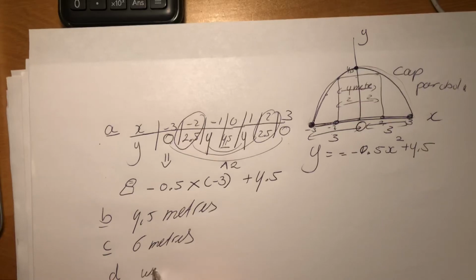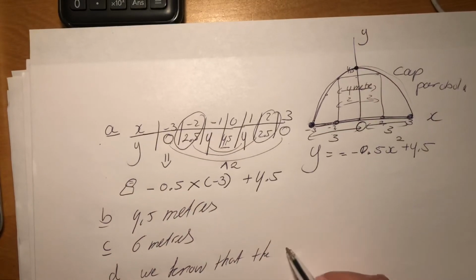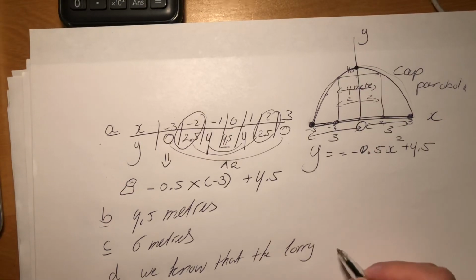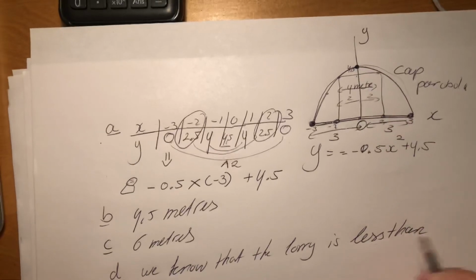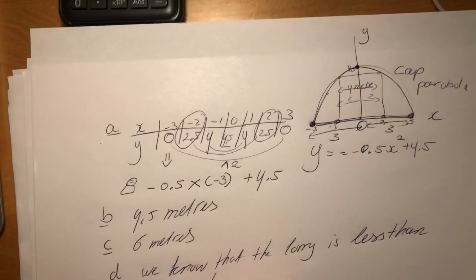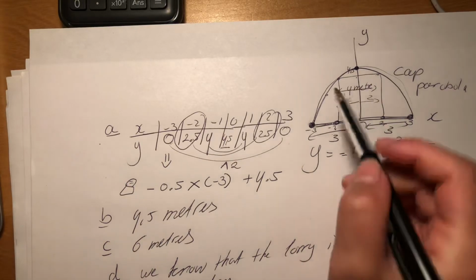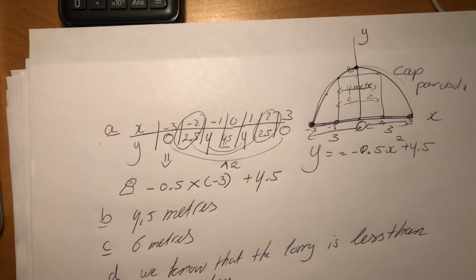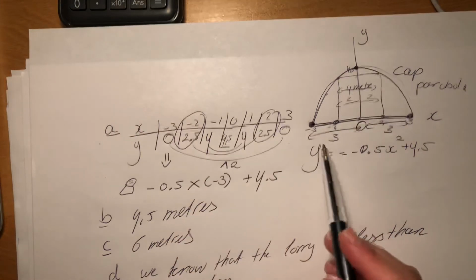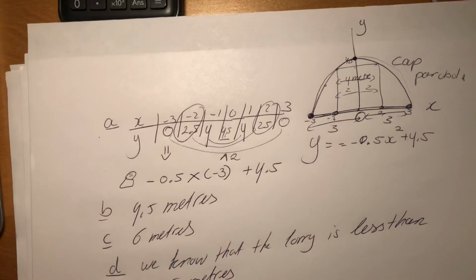So we know that the lorry is less than 2.5 meters, else it wouldn't fit. If it's less than 4.5, yeah, great, but 3 would not fit. So we know that it's less than 2.5 meters, and if you understand it correctly, then you don't need to explain anymore.